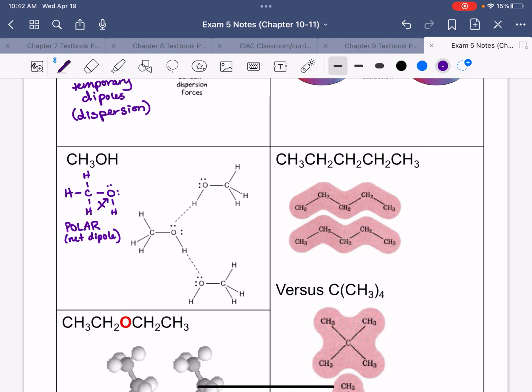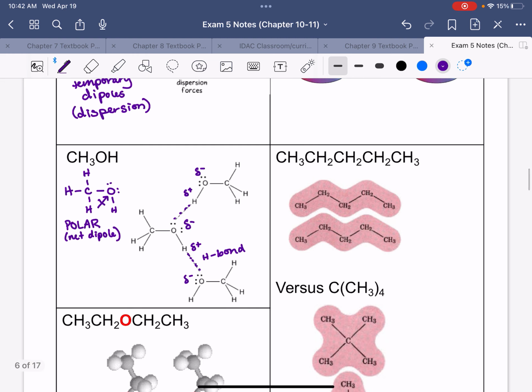And so the OH end of the molecule, where the O is the partial negative part of the molecule, and the H's are partially positive. And so we're going to have these really strong H bonding attractions between the H and the O of nearby molecules.